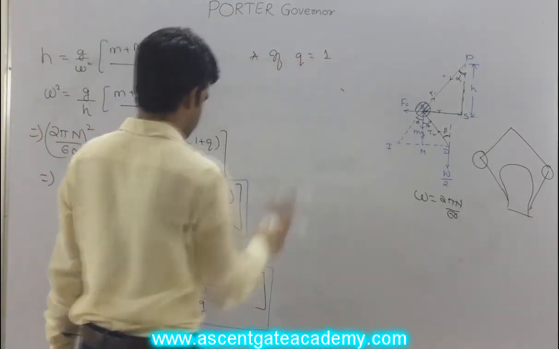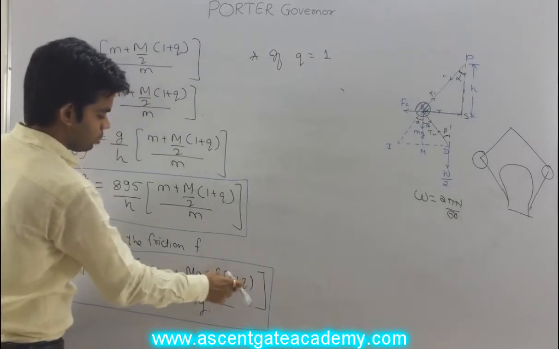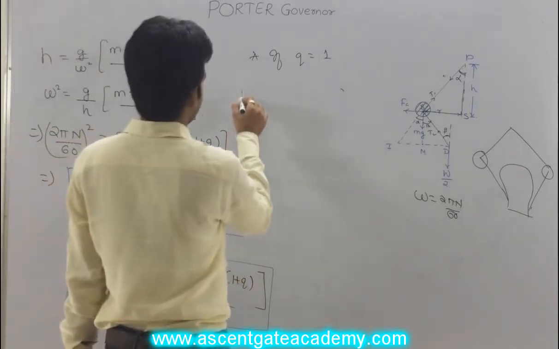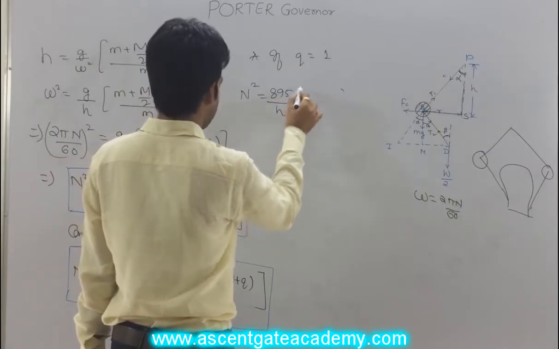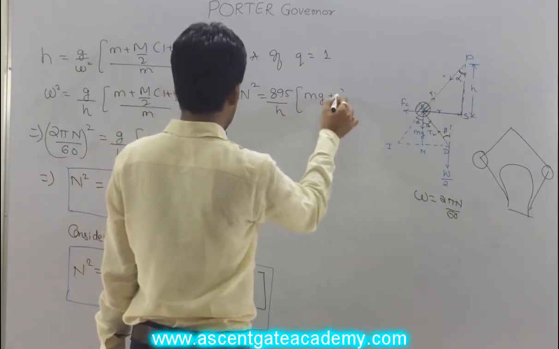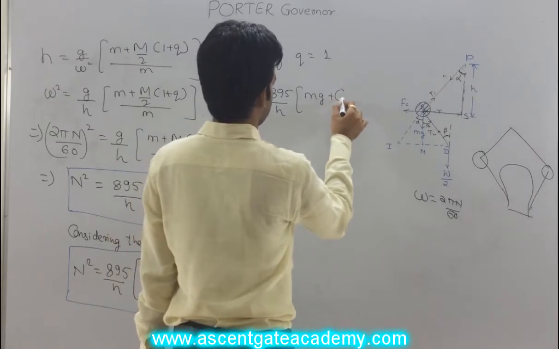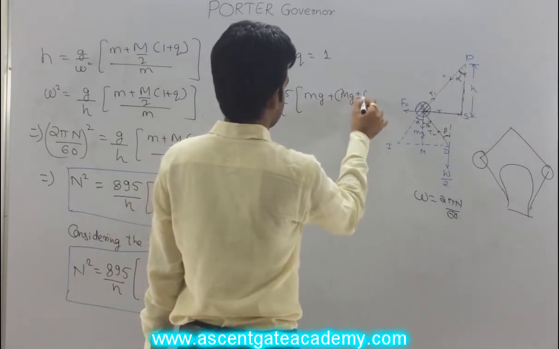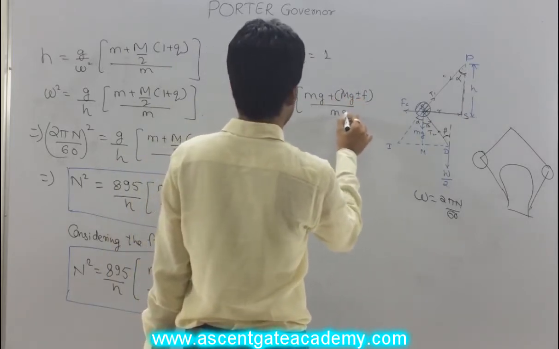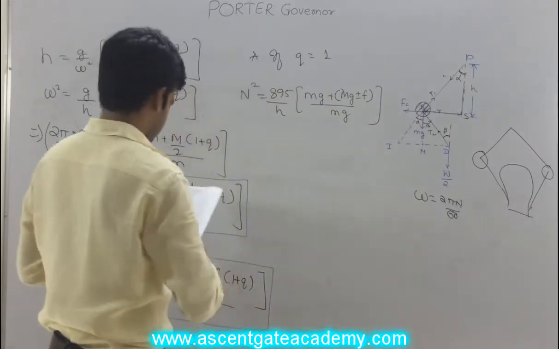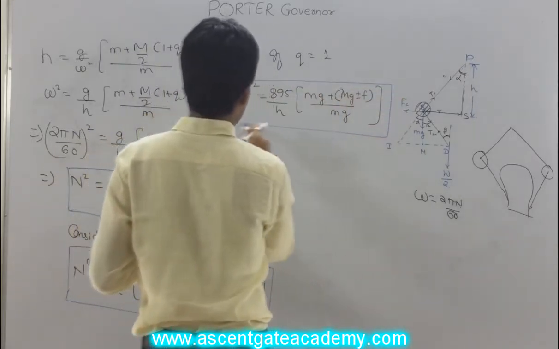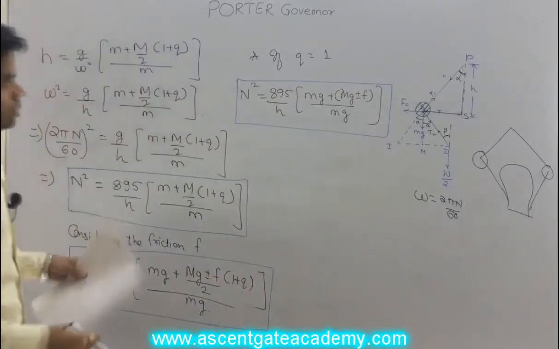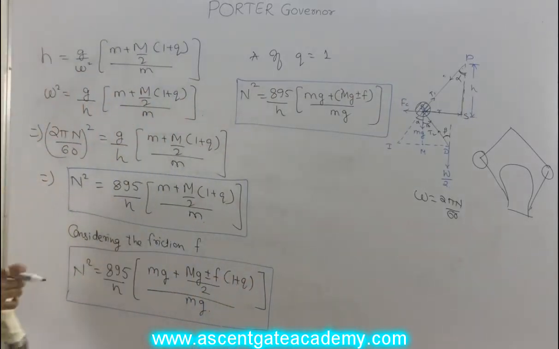Okay, same thing if q is equal to 1 here. If q is equal to 1, this 1 plus 1 will be 2, this 2 gets cancelled out, and we will get n square as 895 upon h into (small mg plus Mg plus minus f) upon mg. This is the case when tan alpha is equal to tan beta or q is equal to 1.